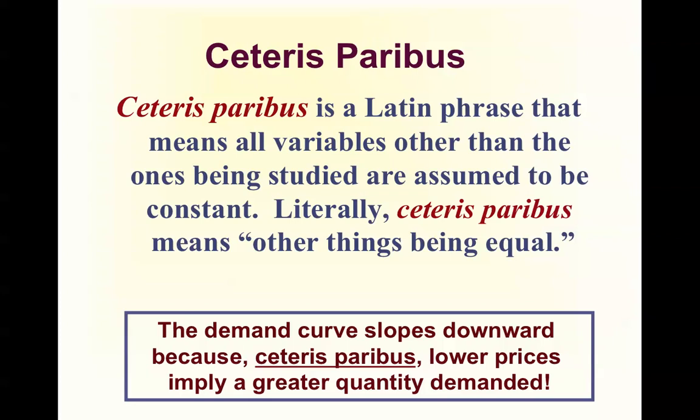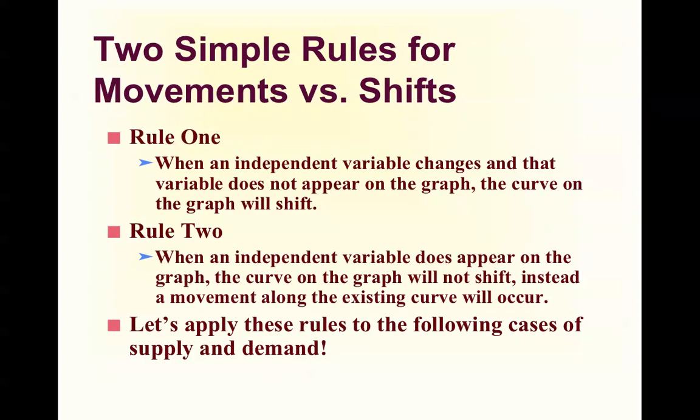All right, to keep in mind the ceteris paribus and to keep it all straight, we refer to a slide that I showed you in Chapter 2: two simple rules for movements and shifts. Remember Rule 1: when an independent variable changes and that variable does not appear on the graph, the curve on the graph will shift. Rule 2: when an independent variable does appear on the graph, the curve on the graph will not shift.